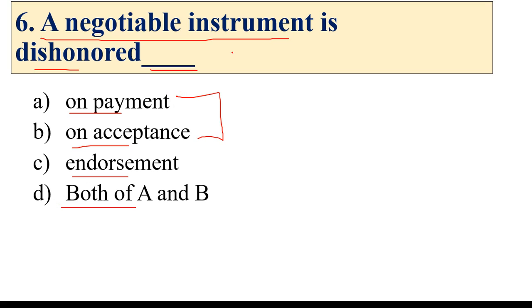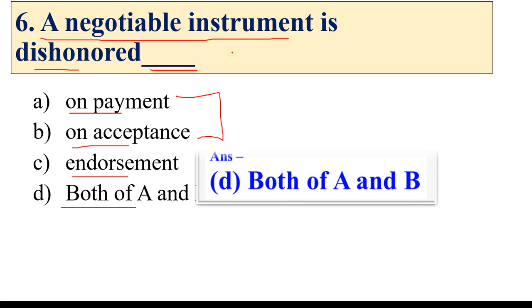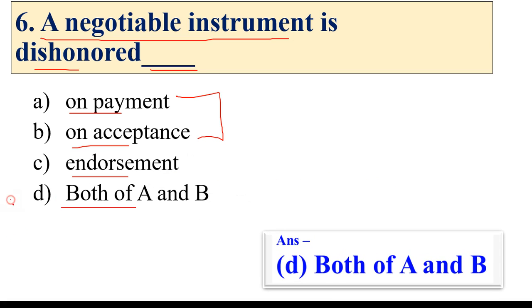Either by payment or on acceptance or endorsement, or both A and B, means both payment as well as acceptance. So we'll see the correct answer. The correct answer is option D, both A and B. So a negotiable instrument is dishonored on payment and on acceptance. In both cases, the negotiable instrument can be dishonored.